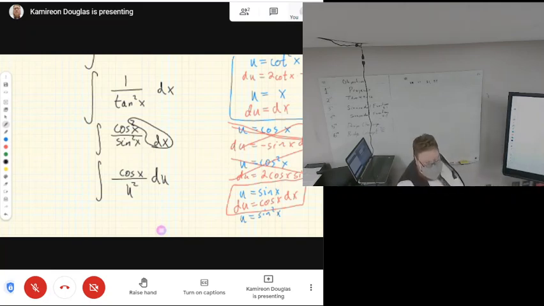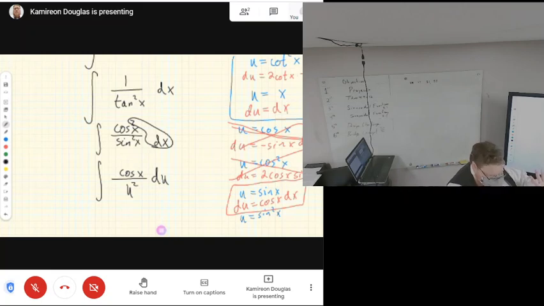Possibly. Unless there's a way to convert sine of x into something else. I'm sure that there is. Okay, so what are we going to substitute? I can't substitute because they're not all in the same form. Right now I have one piece in x and two pieces in u. So I've got to either convert the cosine into sine or convert back, which would negate the entire point of the problem.